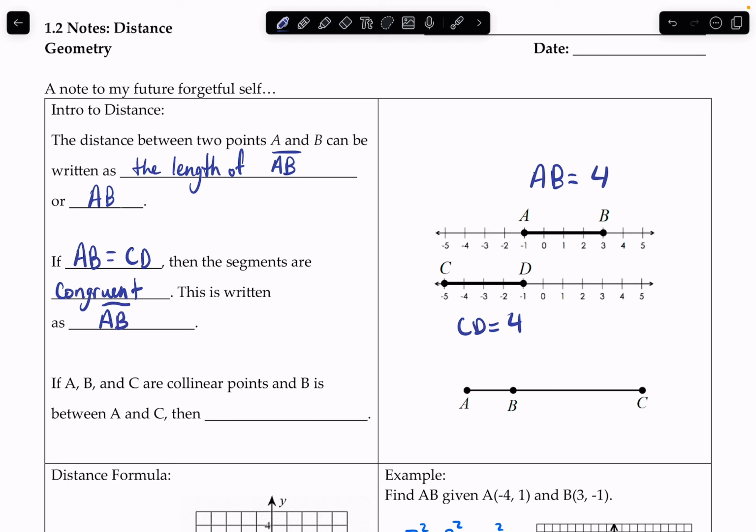Segment AB is going to be, and here's what it is, like an equal sign with a squiggly over the top of it. We read that as is congruent to segment CD.